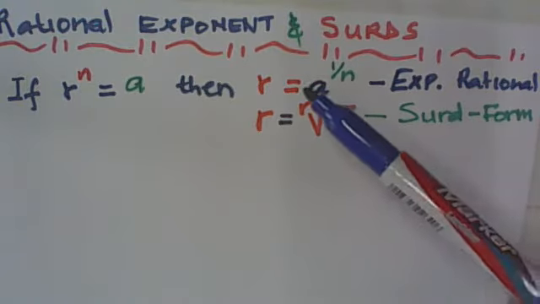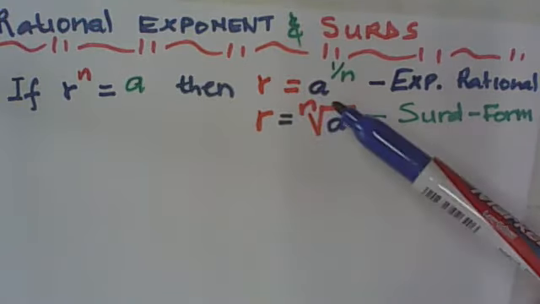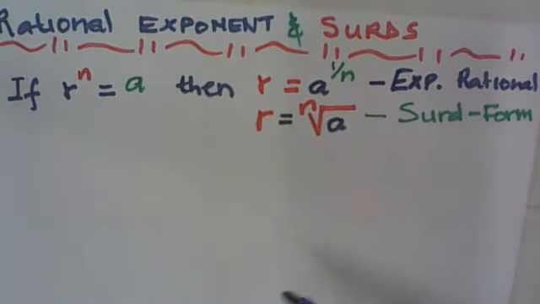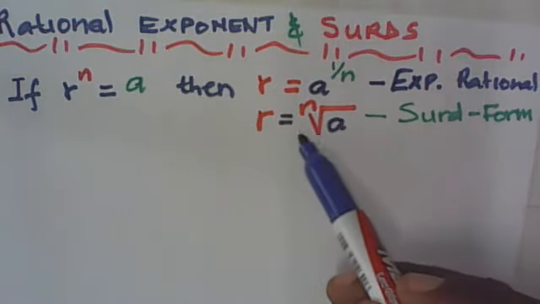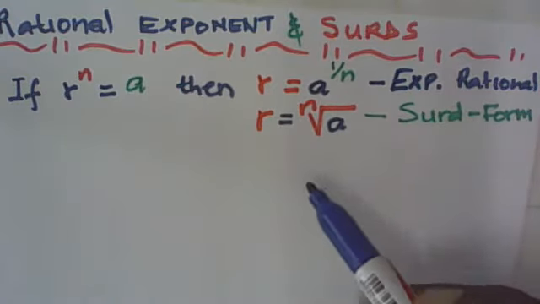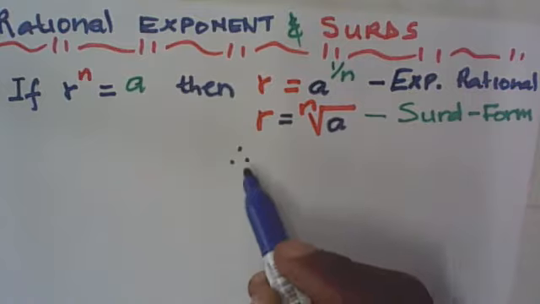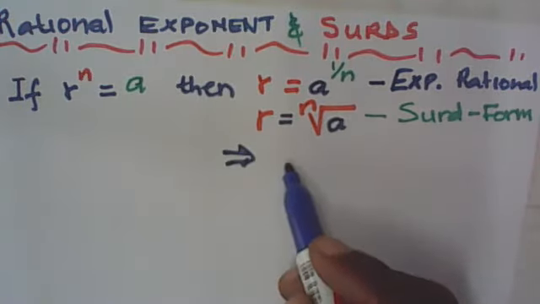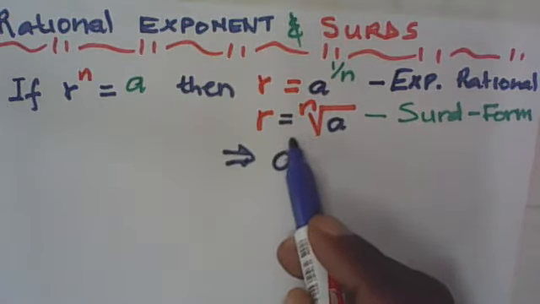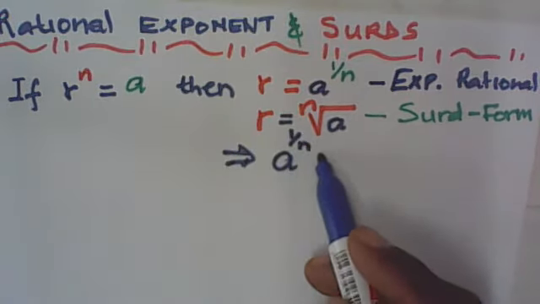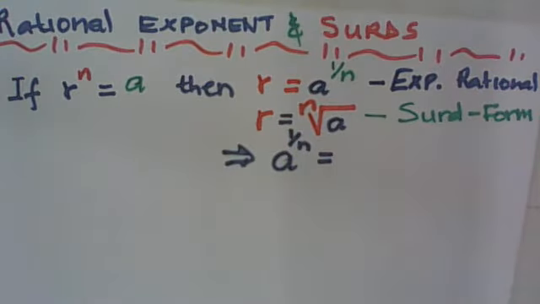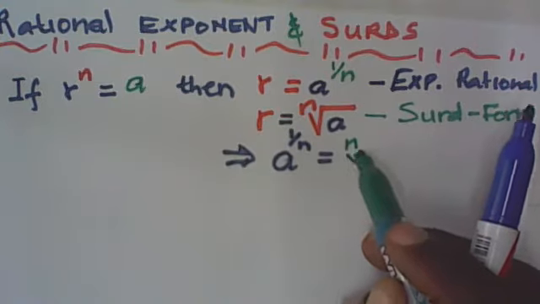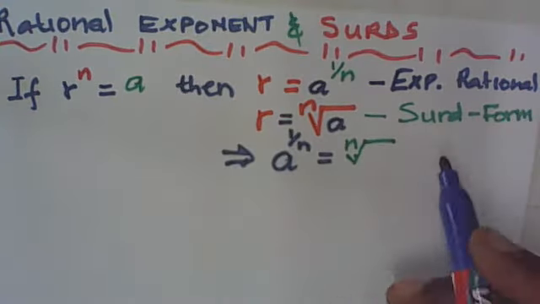Now, meaning our r is equal to a to the power 1 over n, and r is also equal to the nth root of a. Now that leads to this. This implies this is equal to that, therefore a to the power 1 over n is equal to the nth root of a.